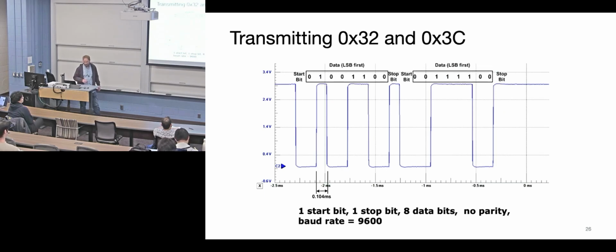In this example, there's 1 start bit, 1 stop bit, 8 data bits, and no parity bit. The baud rate is the symbol rate, not the data rate, which is an important thing. The baud rate here includes the start bit, stop bit, and parity bit. I remember there was a question about going from baud rate to how many transfers per second.